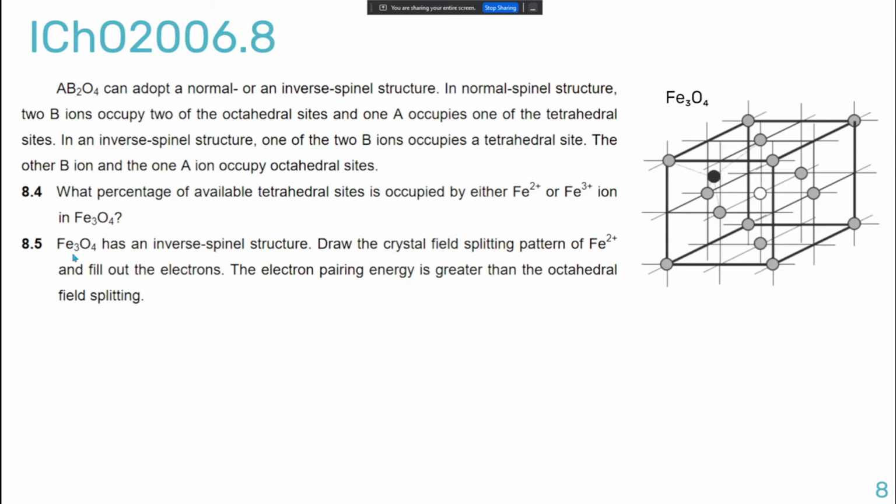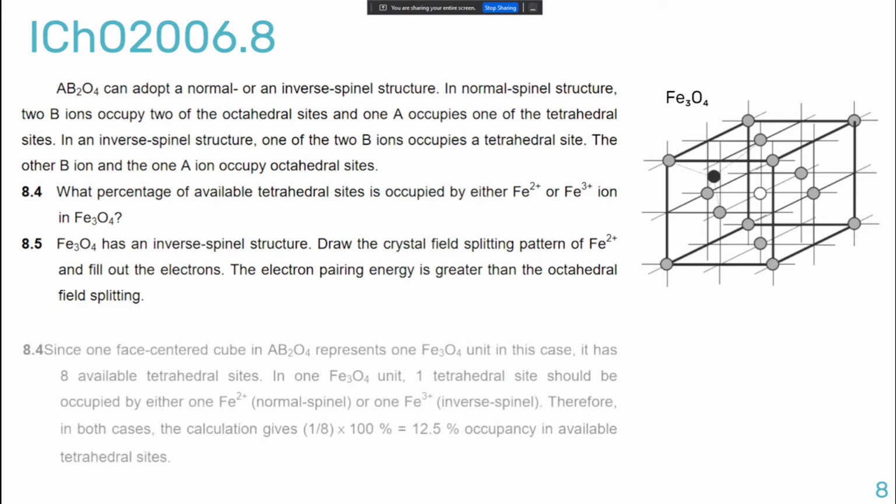The other question is important for us because now it brings us to the d-splitting. So magnetite, you know that's a magnetic material, has an inverse Spinel structure, and you are asked to draw the crystal field splitting pattern. Oh no, the terminology again changes a lot within these problems. Basically, you are asked to draw a diagram. Oh, by the way, here's the answer.